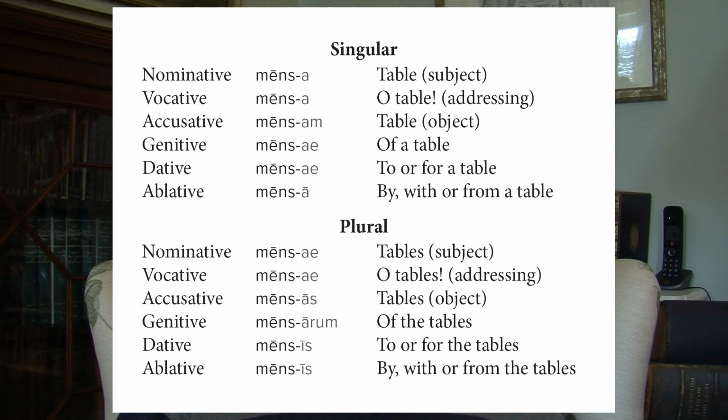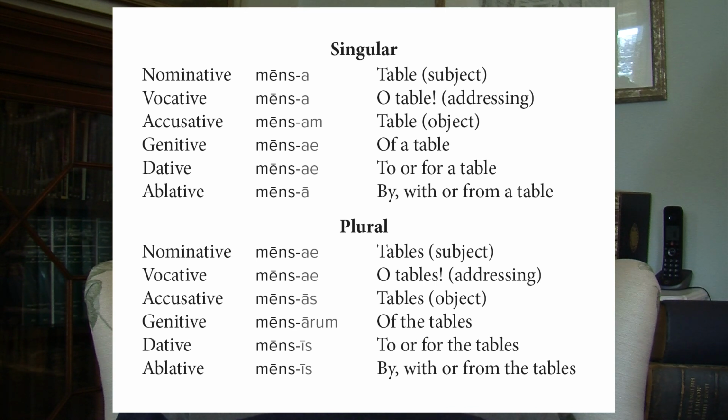Okay, in Latin it's different. In Latin, it isn't the word order that tells us who the subject of the sentence is and who the object of the sentence is. It's the ending on the end of the noun. Okay, now we've already looked at mensa, and we know that mensa has different case endings for each of the 6 cases. 6 in the singular, 6 in the plural.